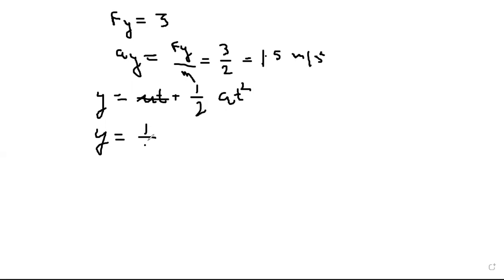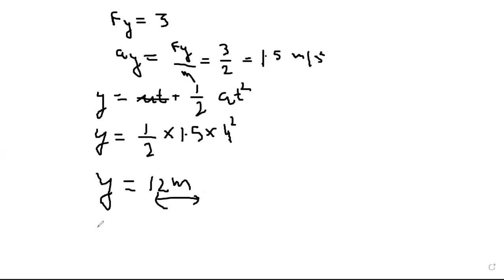So 1 by 2 multiplied by the acceleration 1.5 and the time 4 seconds, so 4 square. If you solve, 16 by 2 is 8, multiplied by 1.5. I think the displacement along the y-axis is 12 meter. The integer in the question is 12 meter.